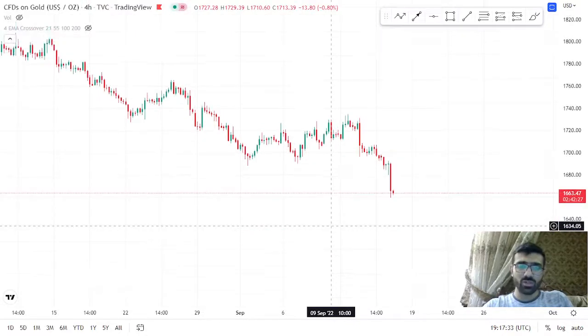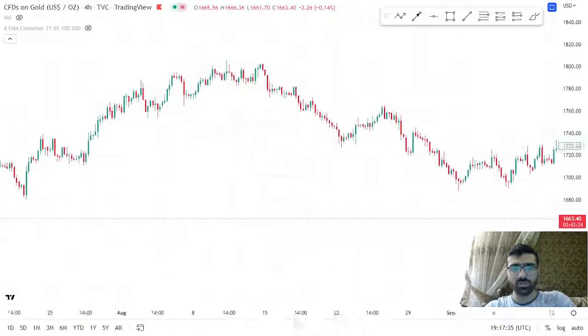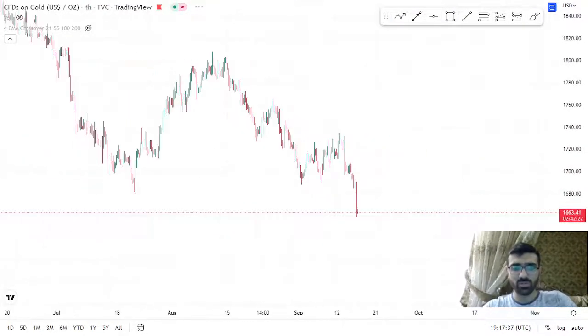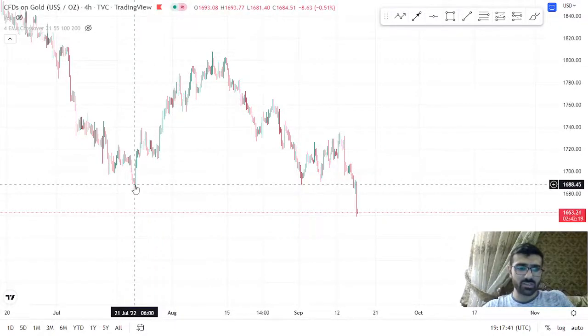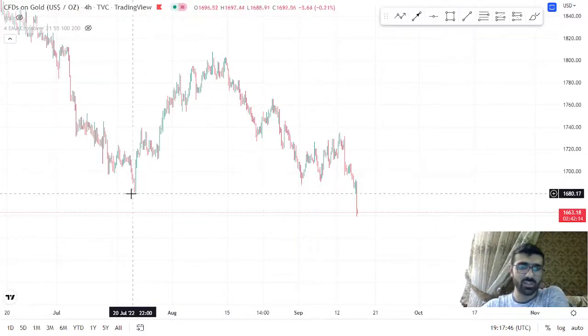So how low can gold go further? You guys can clearly see that it has taken the previous 2 months low as well. This was July, and we have taken out its low as well, quite by far.